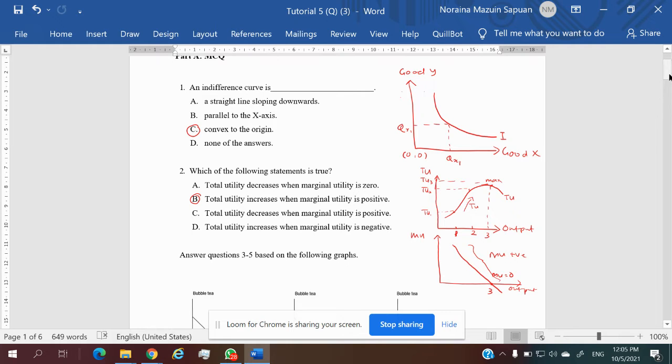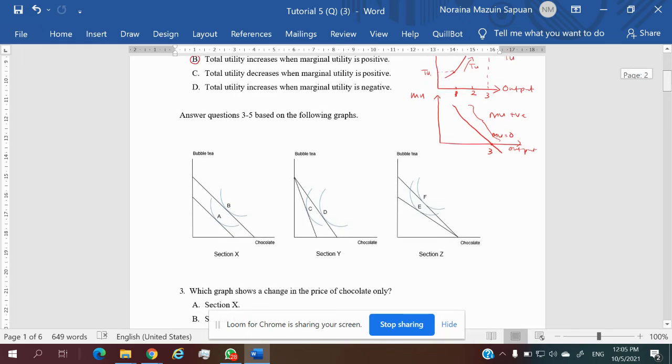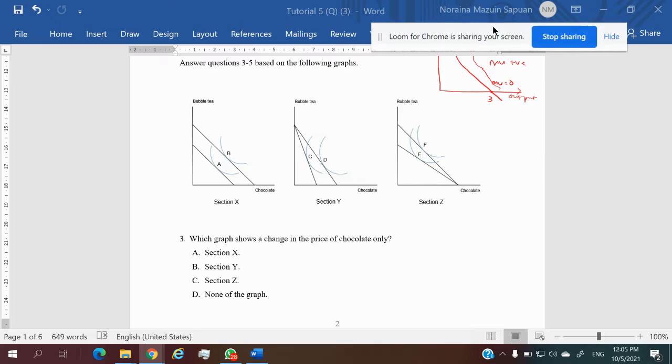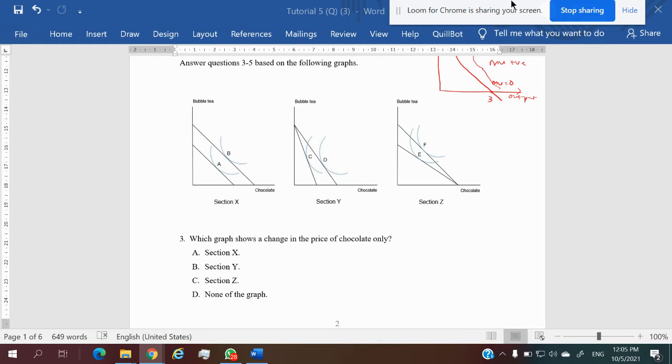All right, class, let's continue. So this diagram is for question 3 until question 5. Which graph above shows a change in the price of chocolate only?